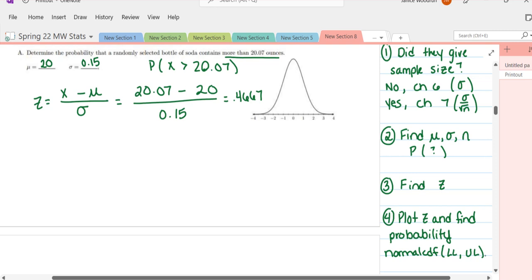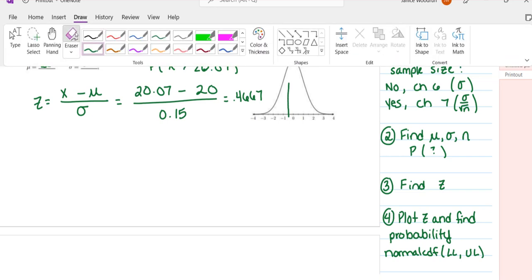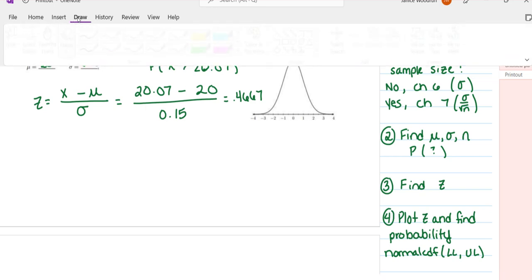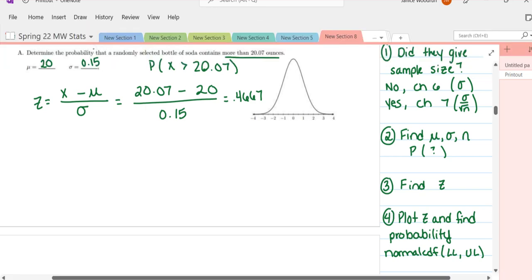Okay, so 0.4667 is pretty much about 0.5. Nope, that's on the negative side. Drew it on the wrong side. Okay, about right here. And we want the probability that it is greater than that, so we're going to go to the right.